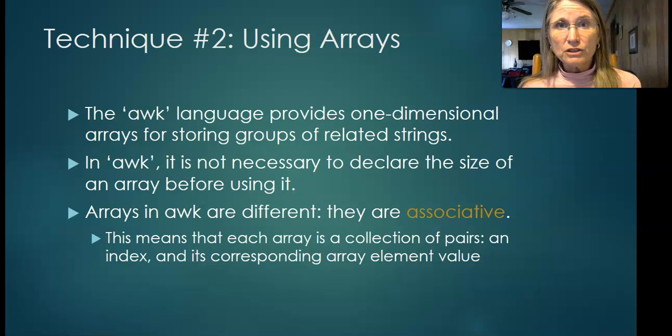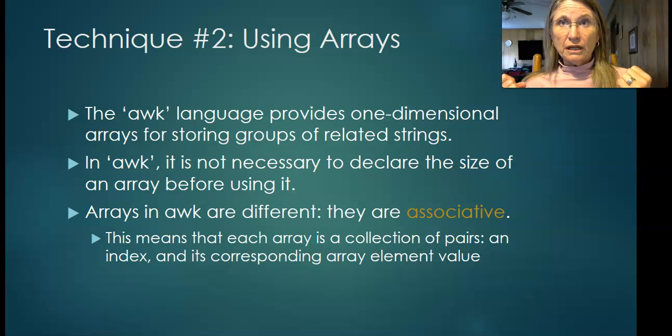Now, arrays in awk are a bit different than in some languages that you may be familiar with. Awk arrays are what are called associative arrays. That means that each array is a collection of pairs. So the index is not necessarily a number.